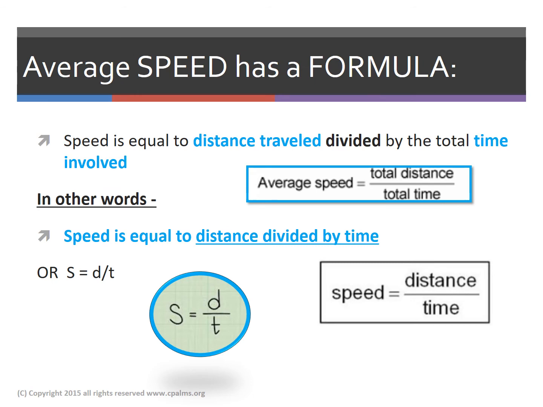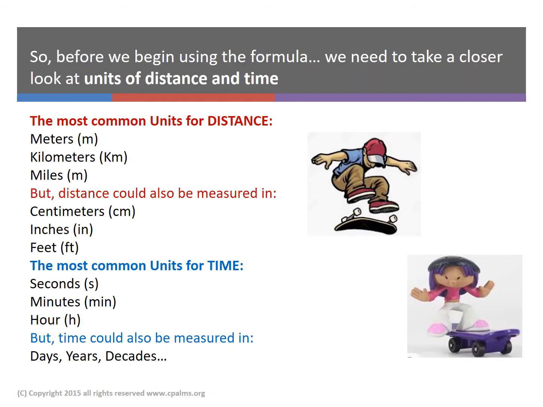On the STAR formula chart, the speed formula says average speed is equal to total distance traveled divided by the total time involved. In other words, speed is equal to distance divided by time. So that's the formula you're going to use: S is equal to D by T.